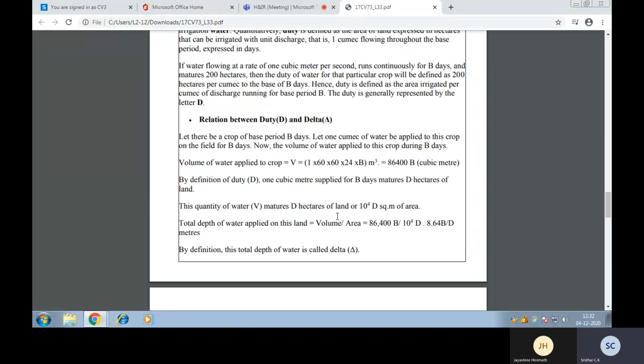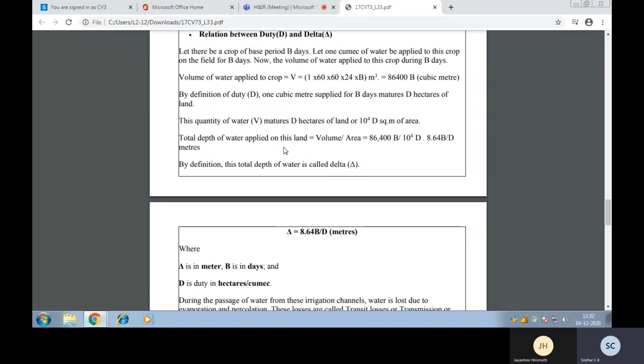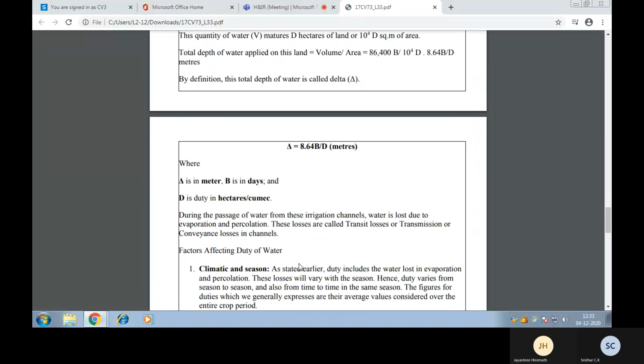Now, for further problems in the future, we consider the relation between duty and delta as delta equals 8.64 B by D, where delta refers to the total depth in meters, D stands for duty in hectares per cubic meter per second, and B stands for the base period in number of days. So these are very important relations.